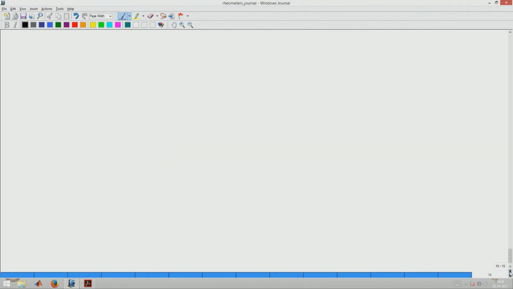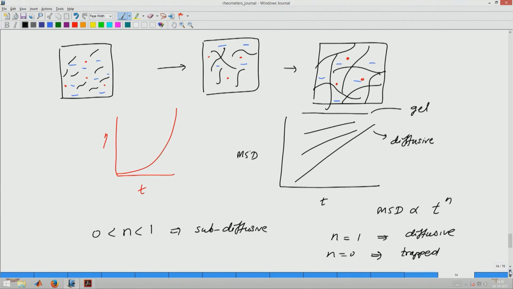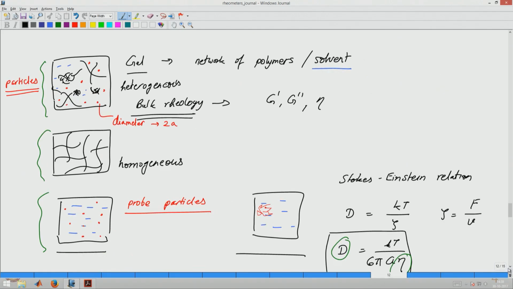There are also theories to look at the overall Stokes-Einstein relation in terms of complex quantities. We know that the overall eta star is eta prime minus i eta double prime, where eta prime is the real part of the viscosity, or the dissipative contribution, while eta double prime is the elastic part of viscosity.